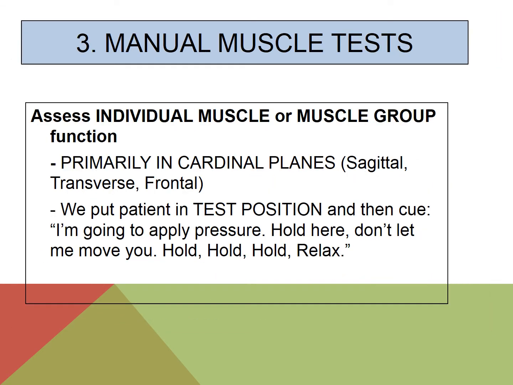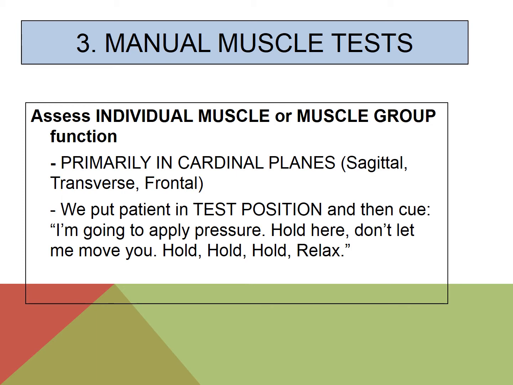And the third category of strength assessment is the manual muscle test, which you are quite familiar with at this point in the semester. And we do sometimes group muscles when we look at the strength testing as well, like the hip flexors or the hip extensors. But we are still looking at the movement within the cardinal plane and not in a multiplanar motion.